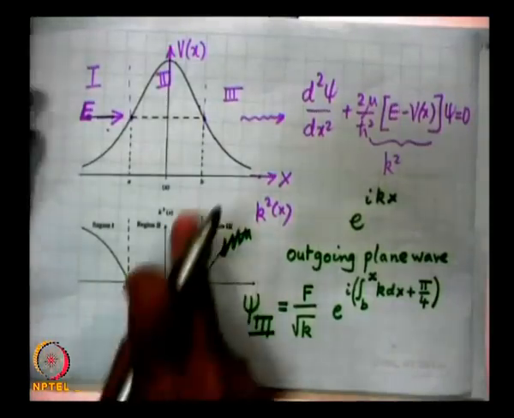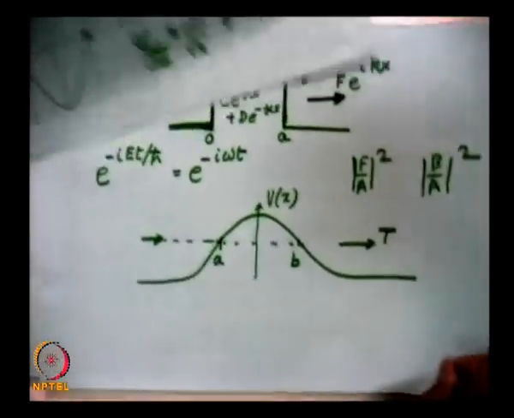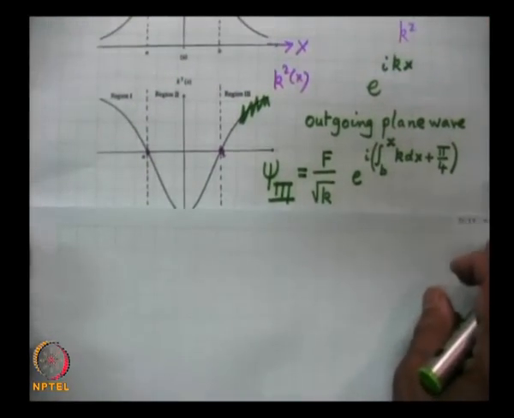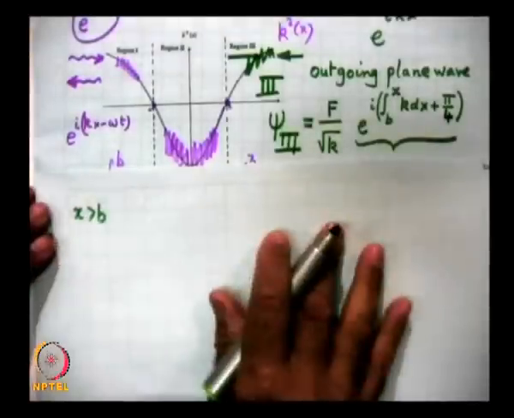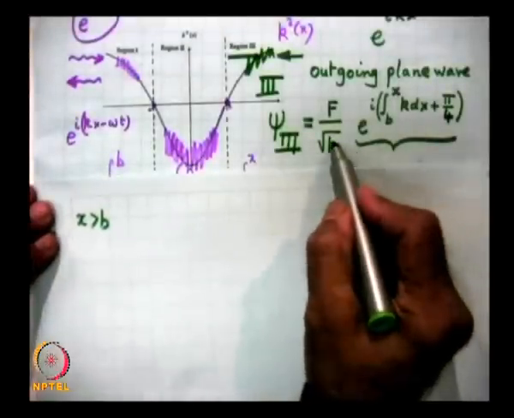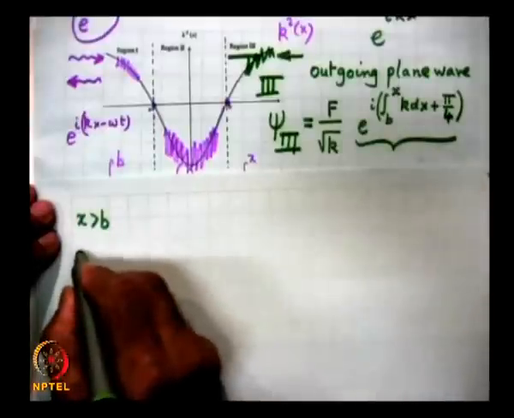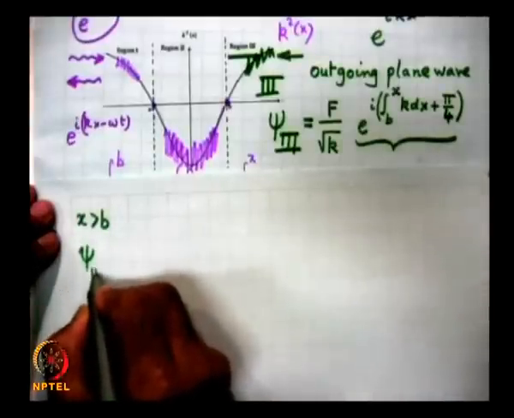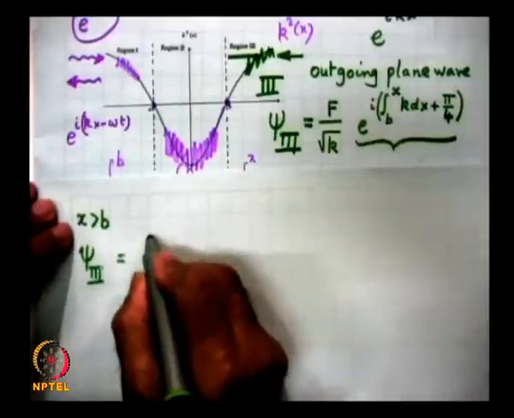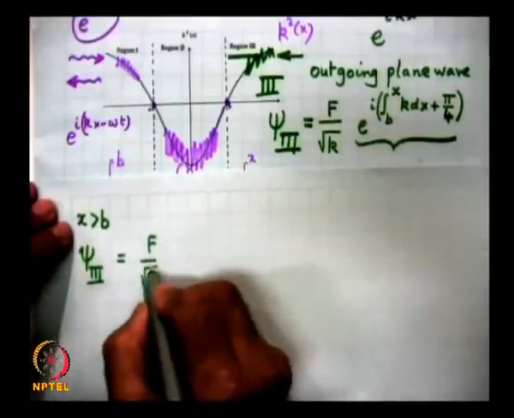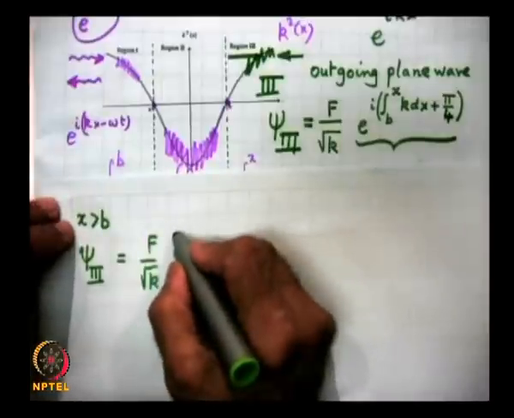Okay. So, in the region x greater than b, we have the solution f by root k. So, we rewrite it now in terms of the cos and the sine function.